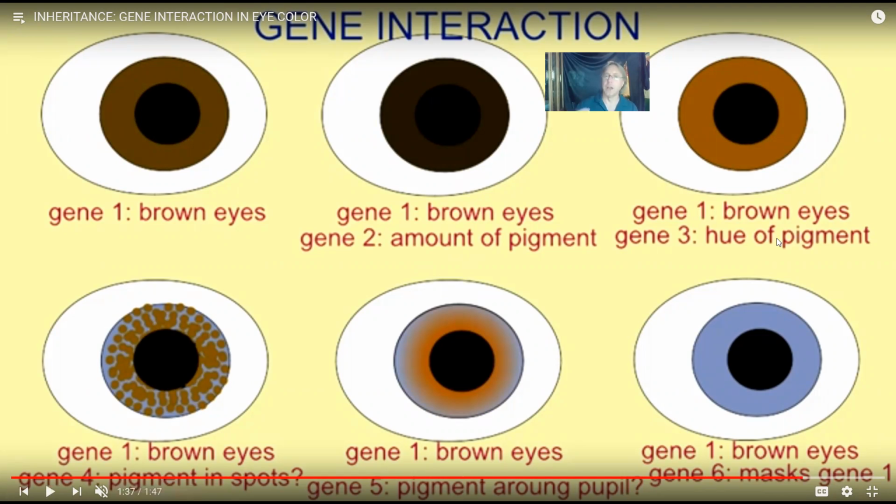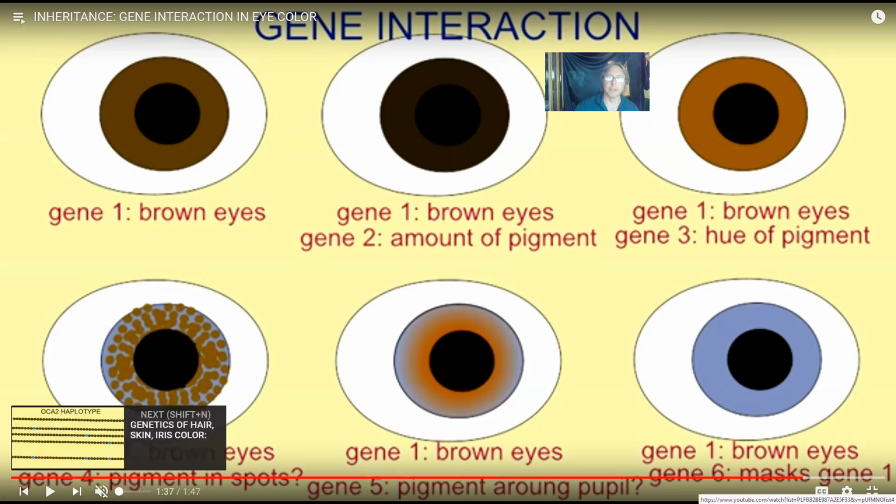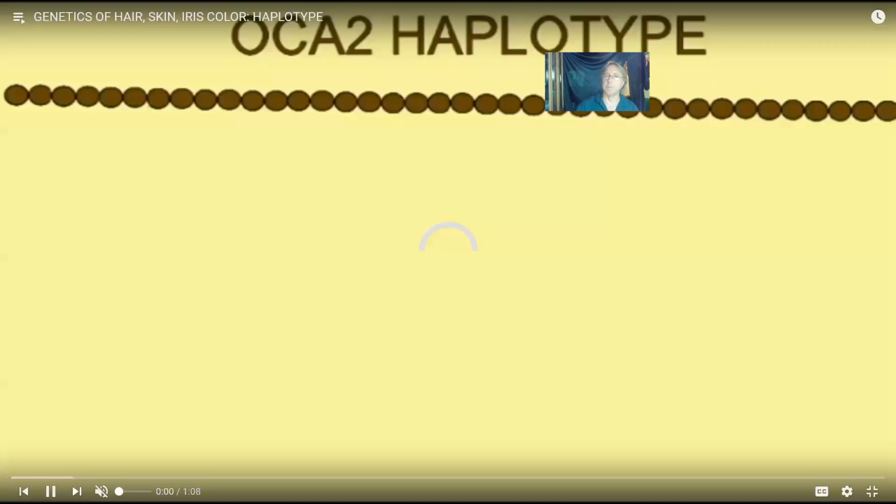Remember, you can attach other things to melanin and change its hue, or have it produced in spots or a ring around the iris, or even some genes which are capable of silencing other genes. And so even if there are primary genes involved in pigmentation, there are many other possible genes involved as well.